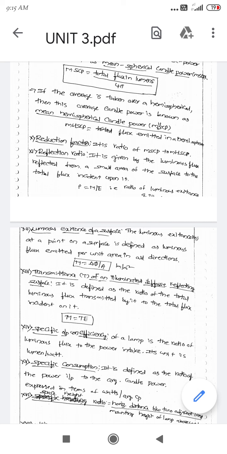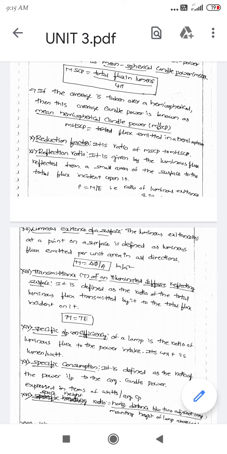The luminous exitance at a point on a surface is defined as luminous flux emitted per unit area in all directions. M is equal to d phi by dA, lumens per meter square.